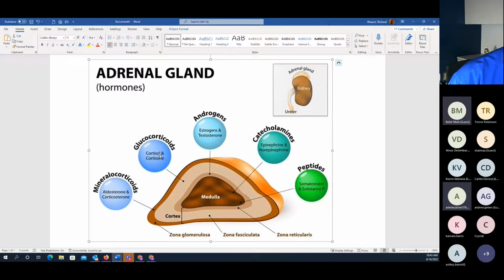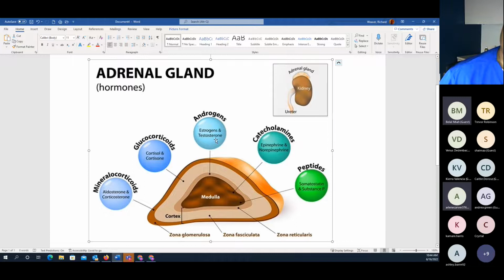Well, they are going to be high. If you secrete too much of this hormone, then of course glucose will have to be high. And of course the opposite of that for Addison's disease, we're talking about hypoglycemia. So hyperglycemia with Cushing's, but hypoglycemia with Addison's. All right.